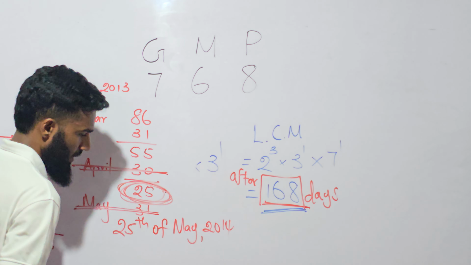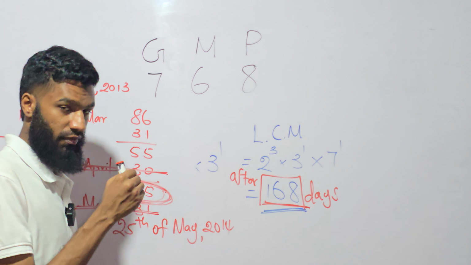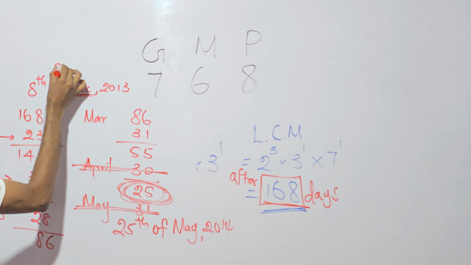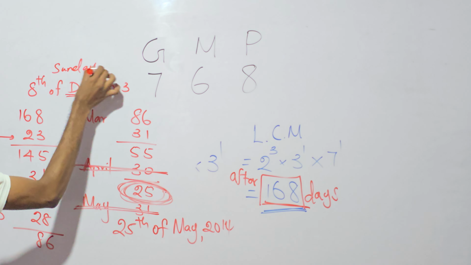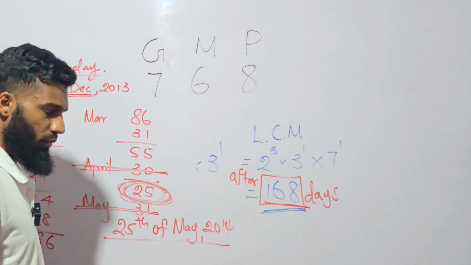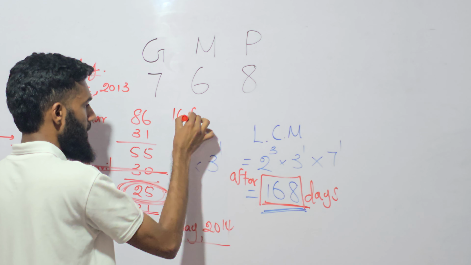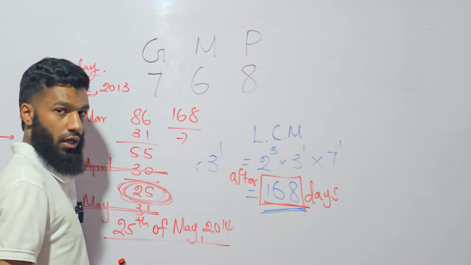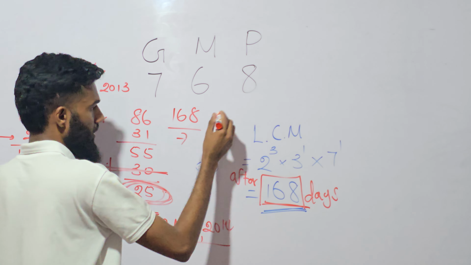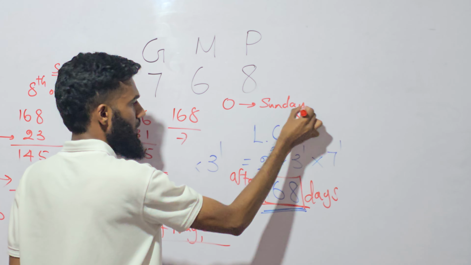2014. And if I want to find out the specific day, they all meet on Sunday. So what I should do is divide 168 by 7. If I get remainder 0, that means they will be meeting on Sunday.